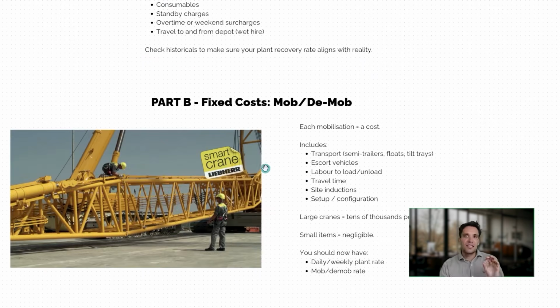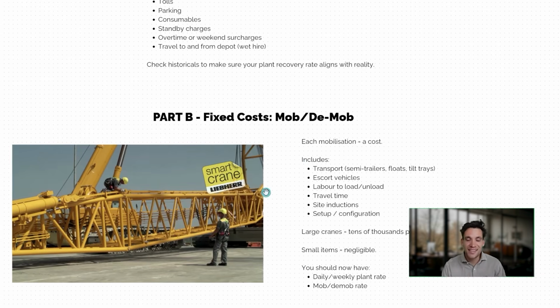Now, in addition to the ongoing costs of the plant, we're always going to have some sort of mobilization and demobilization cost. For some cranes or huge bits of equipment, this is unbelievably big. I'm not sure if you've ever seen them setting up a major crawler crane, but often they'll have a second crane come in just to assemble that crane.